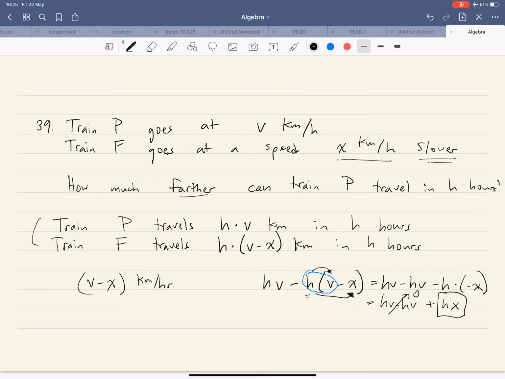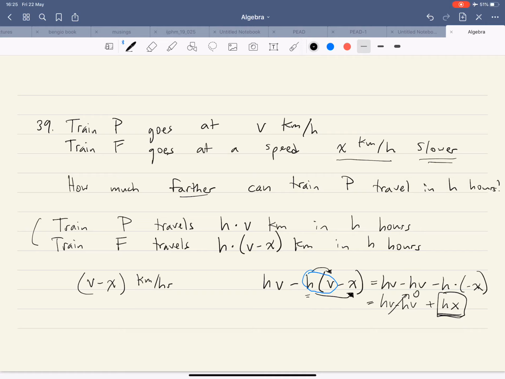My final answer would be h times x. So if train F is going at a speed of 5 kilometers per hour slower than train P, that means every hour train F has gone x kilometers less than train P, right? So over the course of h hours, it's going to be this h times x.